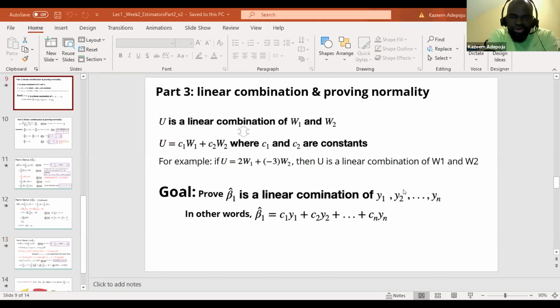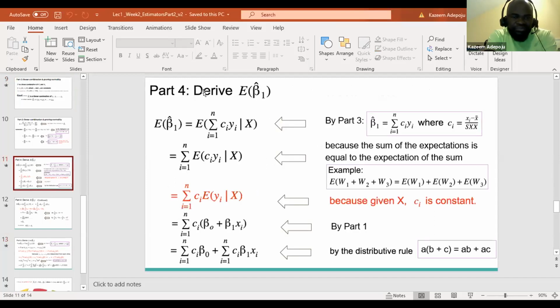I want to know. Okay, let me see. If what you are saying is what I'm projecting right now, what I'm trying to say here is that since beta 1 changes, I've been able to show you that if different investigators work on the same thing, even if they are using the same sample size, they're going to have different values of parameters.